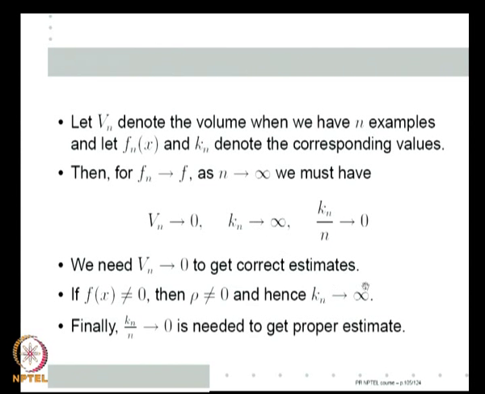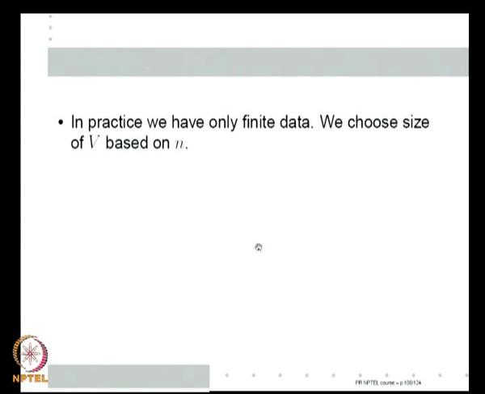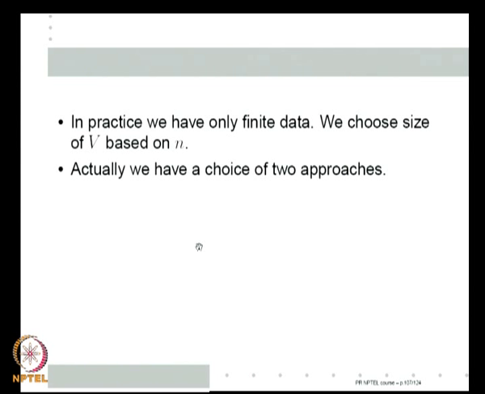So, if v_n is going to 0, k_n by n has also to go to 0, otherwise the density estimate has no chance of going to any finite value, right. So, essentially this is some guidance of what should happen. Depending on how large n is, we should take sufficiently large v_n, so that both k_n and n are of appreciable values, because we do have only finite data. So, that limiting case may not help us, but we choose a size based on n. Okay. Actually, there are two ways of doing this.